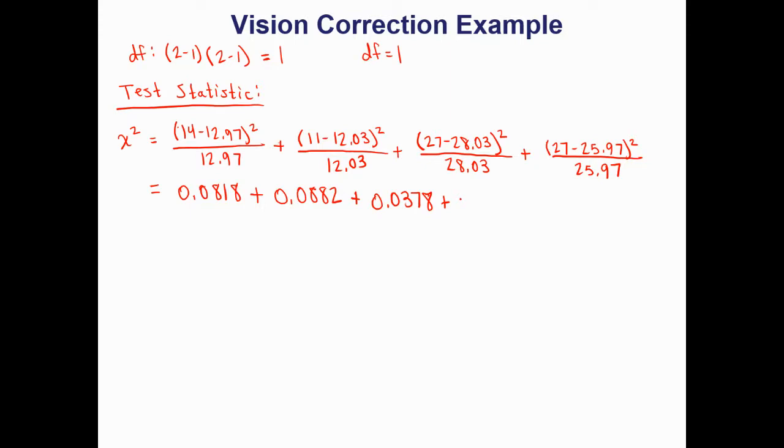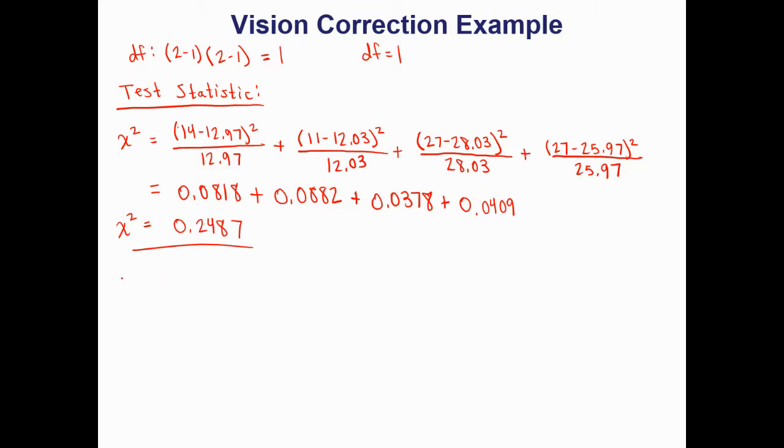And the last one. That's right. And if I add all these up, what would I get for my squared test statistic? 0.2487. Okay, there's our test statistic.